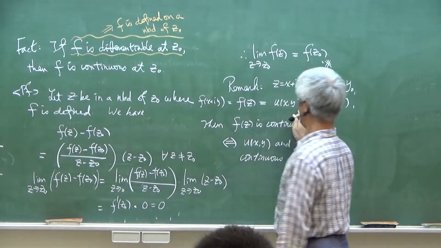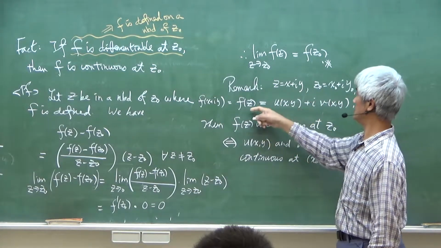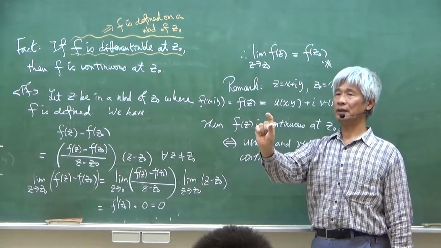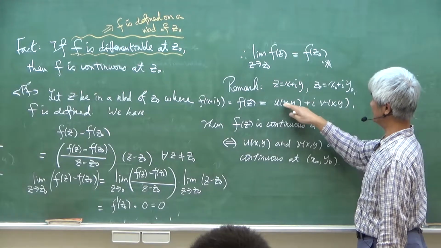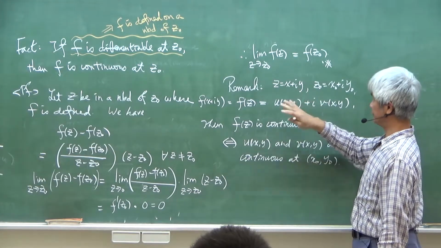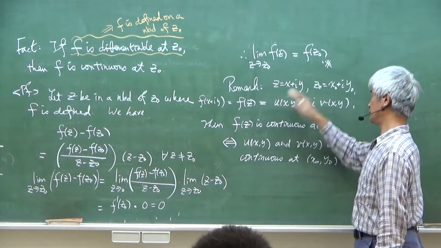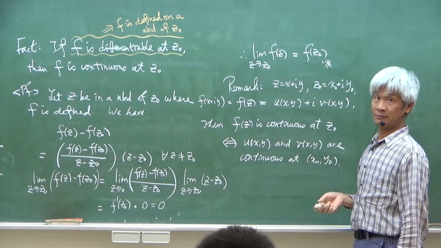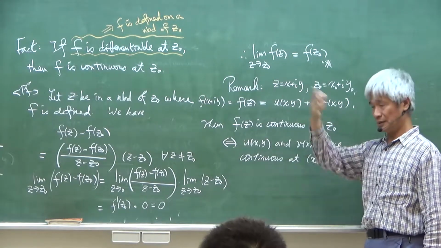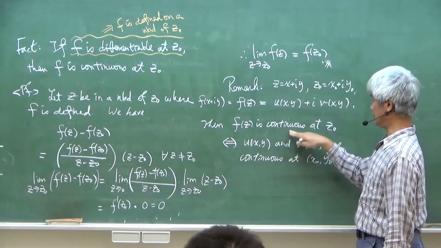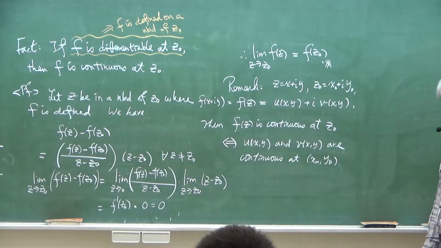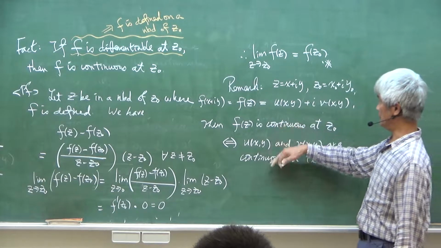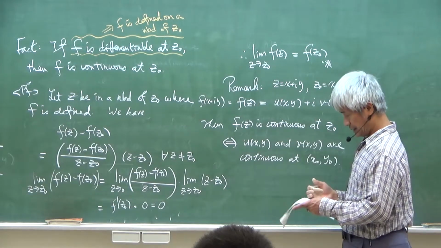So you can think of a complex number as a two-dimensional real vector. And so you have an xy vector going to a u, v vector. So it's a vector map, and from that you will see this, because when we study functions of multiple variables, we have this expression.